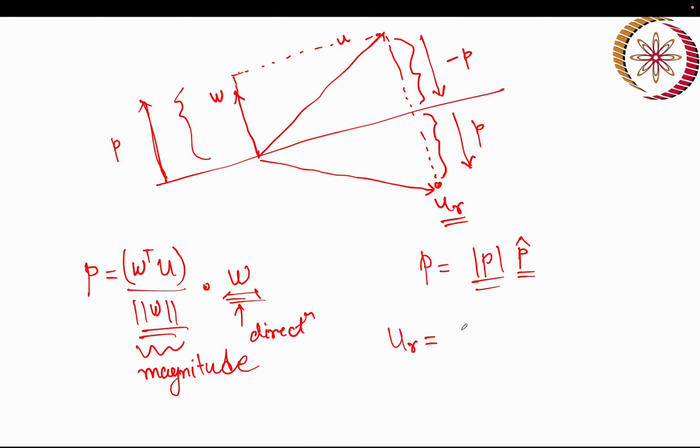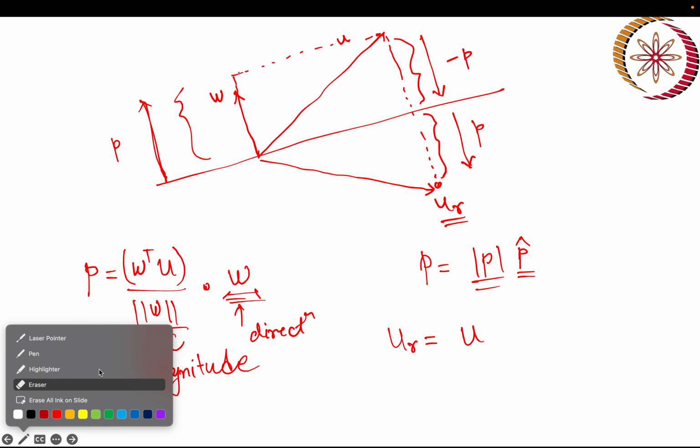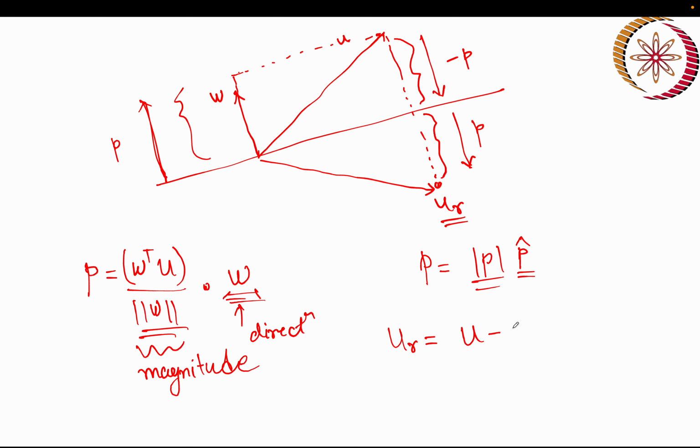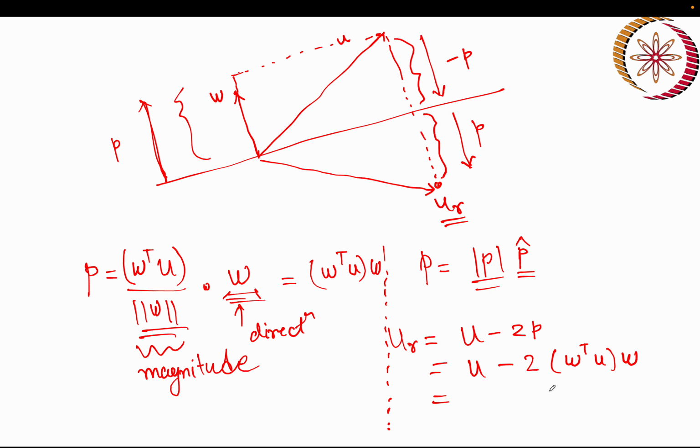So UR is equal to U minus 2 times P, and this P is nothing but W transpose U times W. And this W transpose U is nothing but the value.